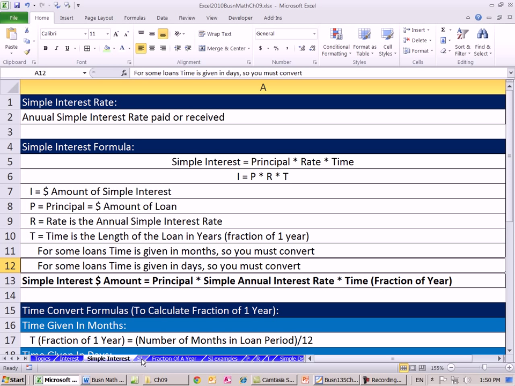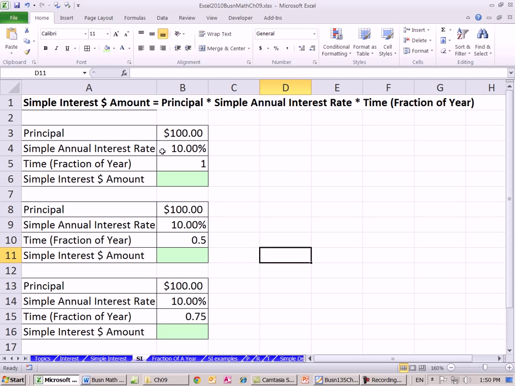So let's go over to the sheet SI. Here's our first example, 100 bucks times 10%. Fraction of the year, well, the loan is for a whole year, so the fraction is 1 divided by 1, or 1. All right, so what is the amount of the simple interest?